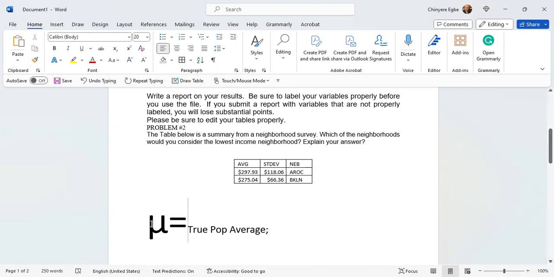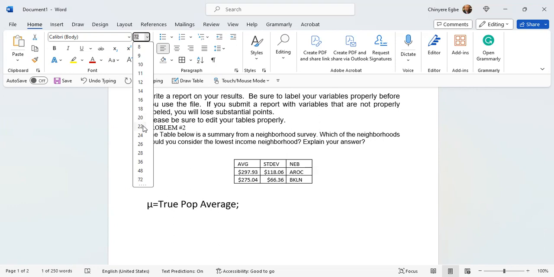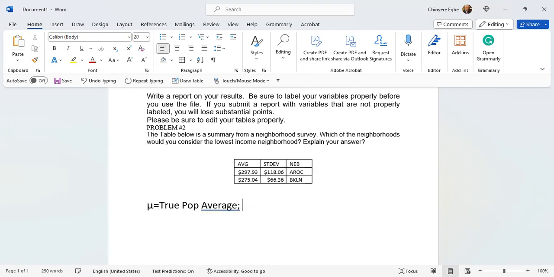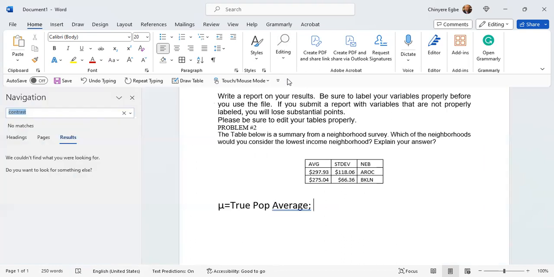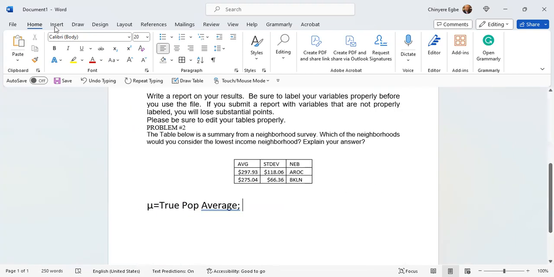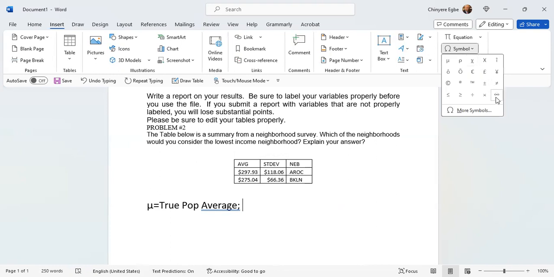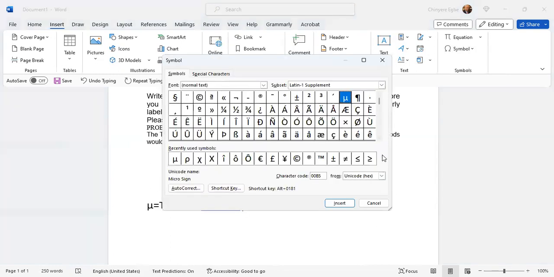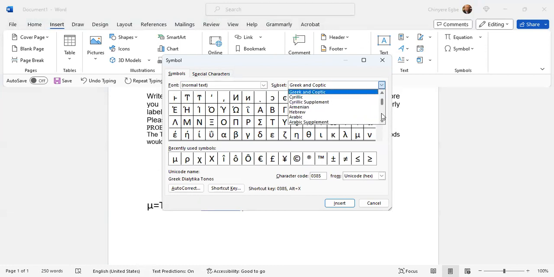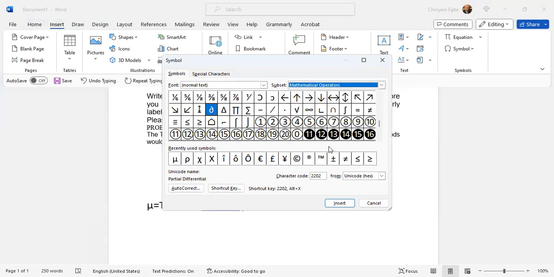I'm going to reduce the size of this since you have seen it. We're going to use the sample mean X bar to estimate the true population average. I'm trying to find the symbol.